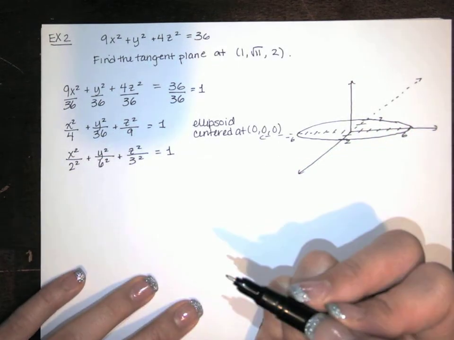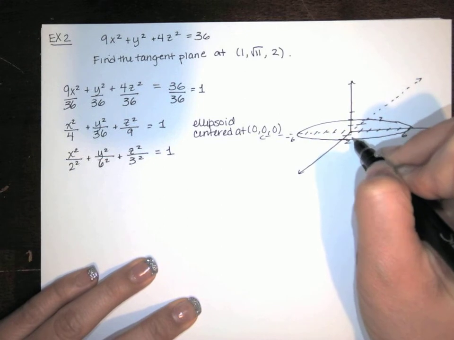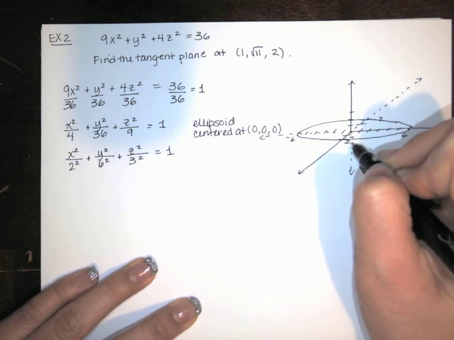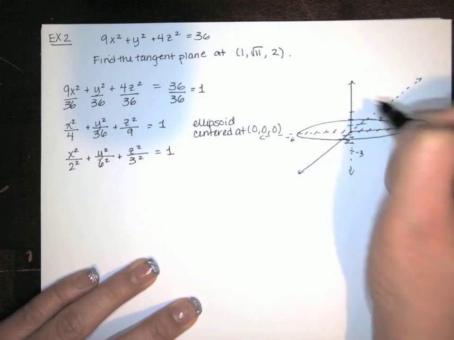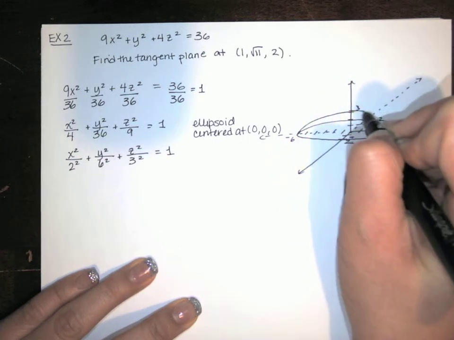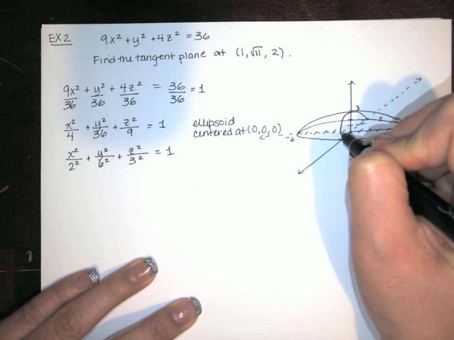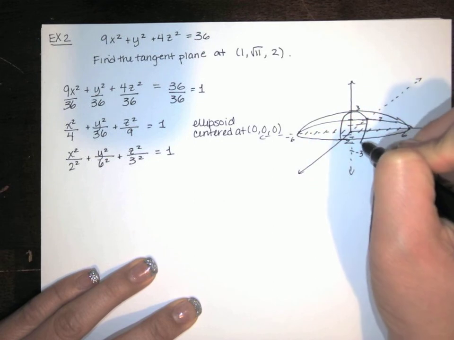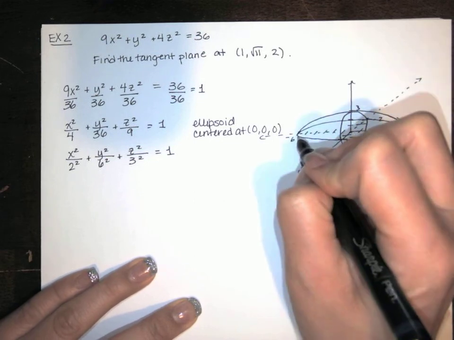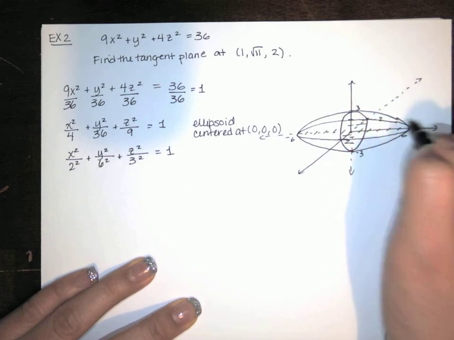And we go plus and minus 3 units in the z direction from the center, which was 0, 0, 0. Okay, so that's our ellipsoid.